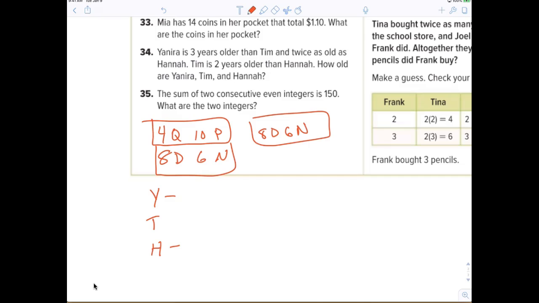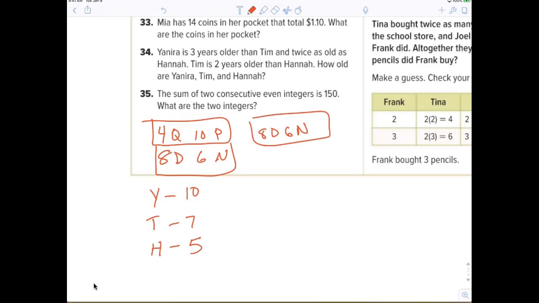What'd you come up with? Hannah could be 5. Good. And? Perfect. That's one way. Beautiful.